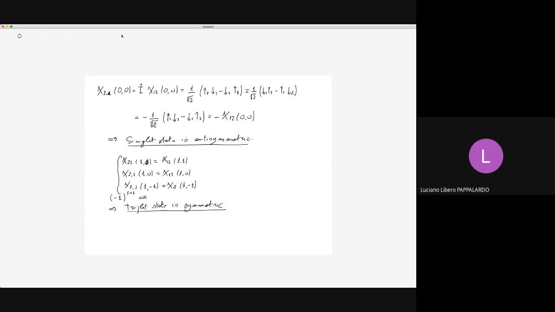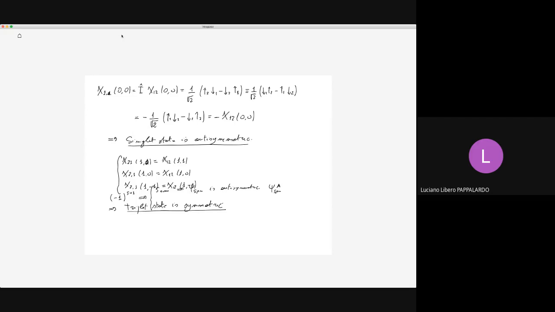And in fact, one finds that if S is even, then the spin component is antisymmetric. So you put, for instance, S equal to whatever, you get a minus sign here. So the psi spin A is antisymmetric. I put an A for this.